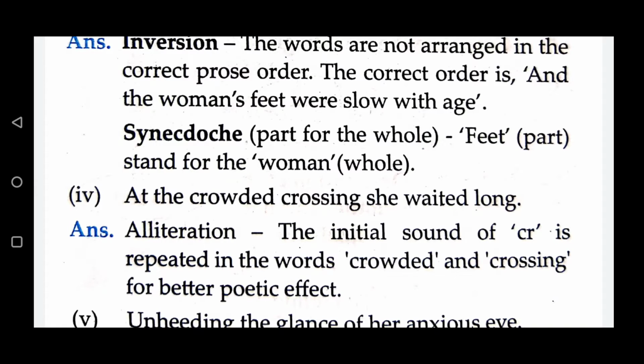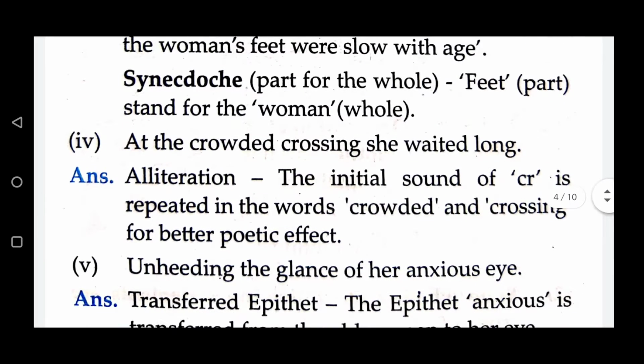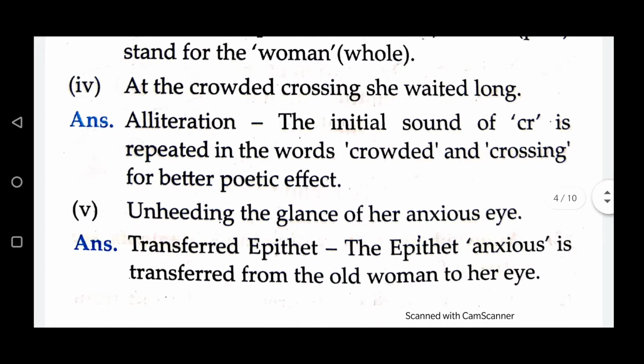At the crowded crossing she waited long. This is alliteration because the initial sound CR is repeated in the words crowded and crossing for better poetic effect. Next one, unheeding the glance of her anxious eyes.